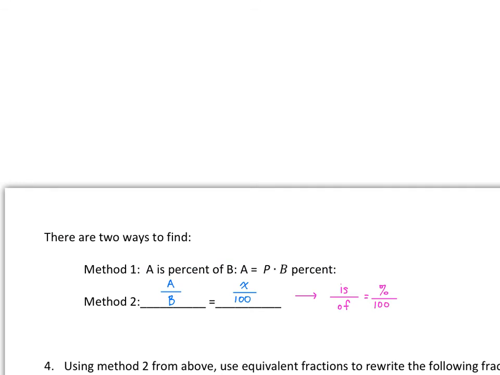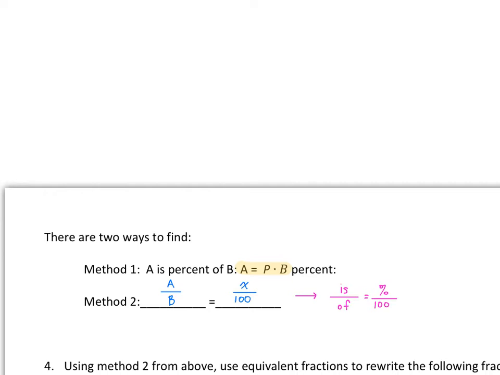So there are two ways to find percents or equivalent fractions that represent percents. Okay, so this first method is probably one that we're not as familiar with, but if we say A is a percent of B, then A is equal to P times B percent. We don't typically see it written that way.